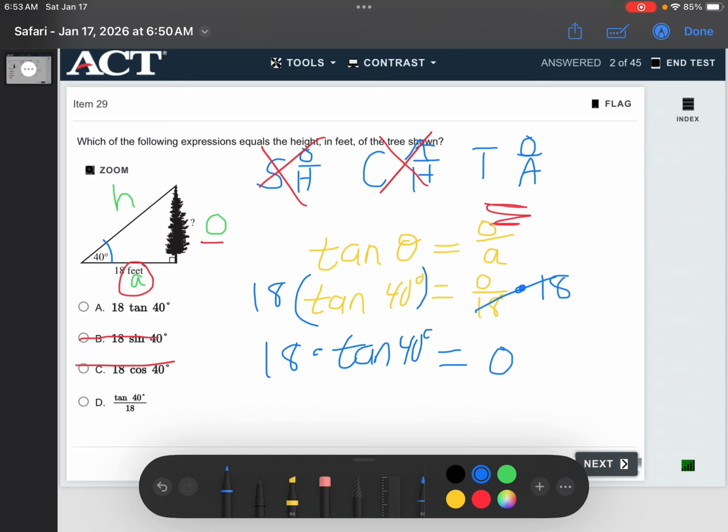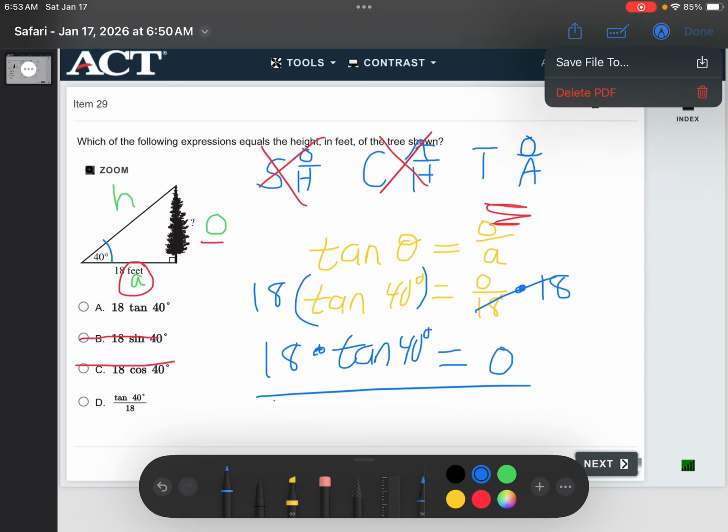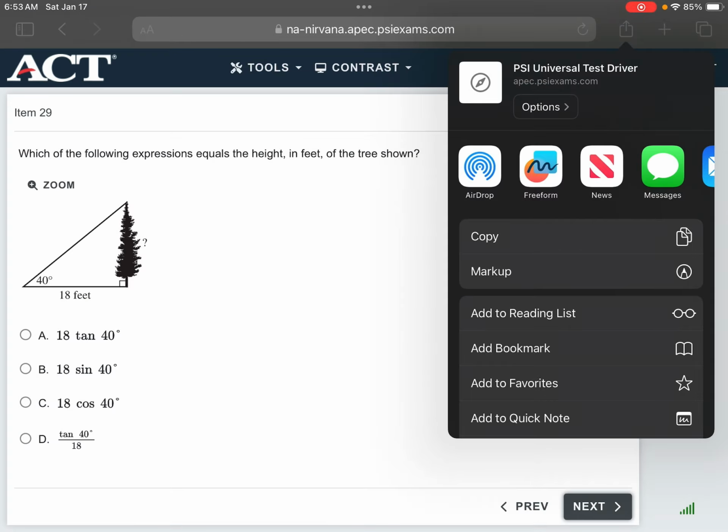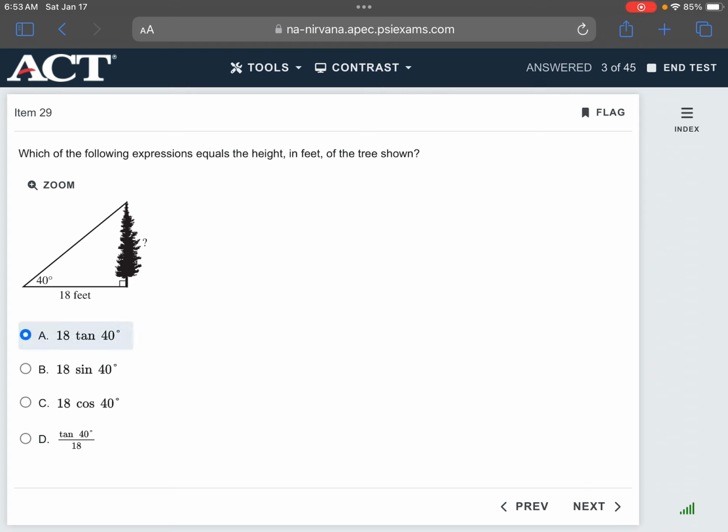Notice I didn't multiply the 18 and the 40 together. Obviously, there's no answer choice that does that. I'm actually kind of surprised, because that would be a common error. But there's my opposite by itself, which corresponds to choice A. So then I can select choice A.